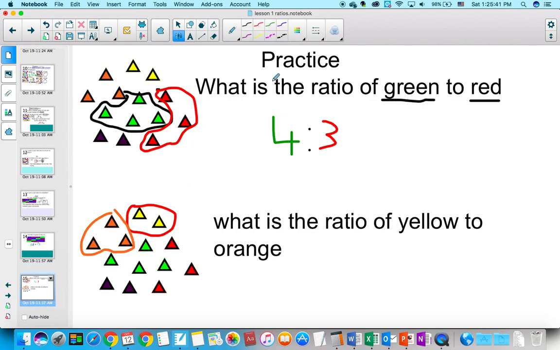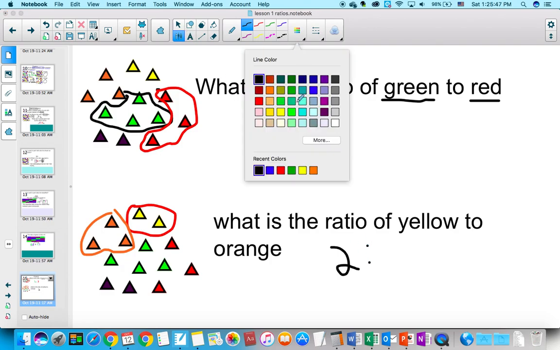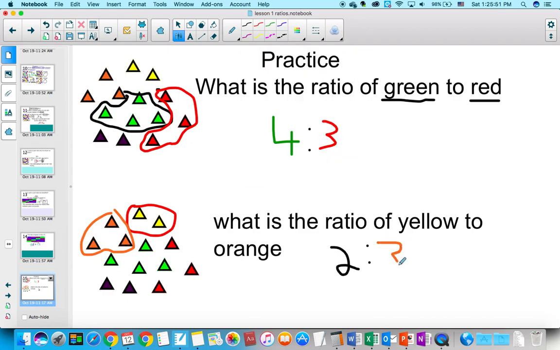Yellow is 2. And then we go colon. And then let's get the orange pen. And we have 3 oranges. So we have a 2 to 3 ratio. And again, what this is saying is for every 2 yellows, you have 3 oranges.